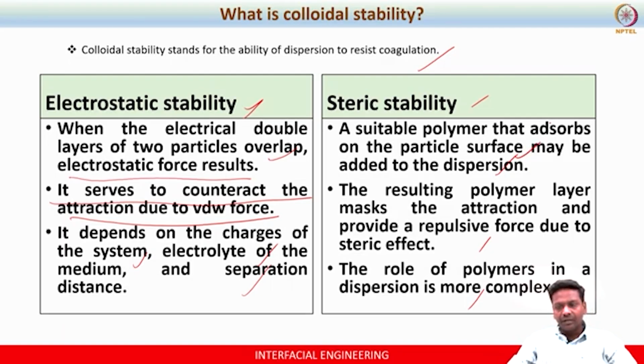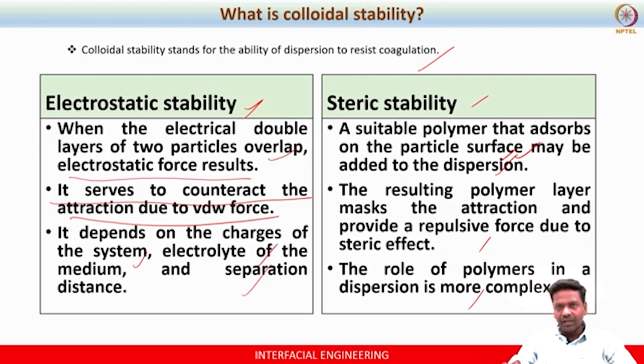By adding the polymer into the colloidal suspension, we can actually improve the repulsion, the stability of the system, because this polymer adsorbs on the particle surface, and this polymer layer masks the attraction, and provides a repulsive force due to steric effect.